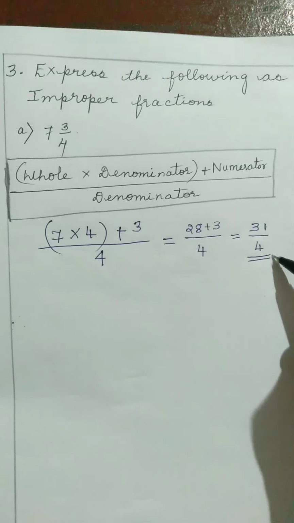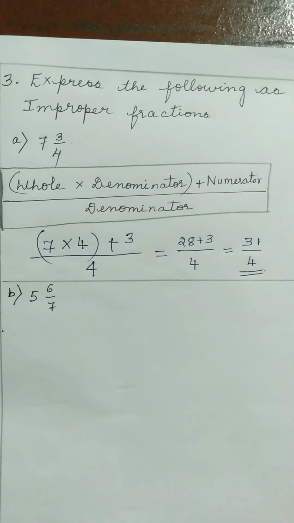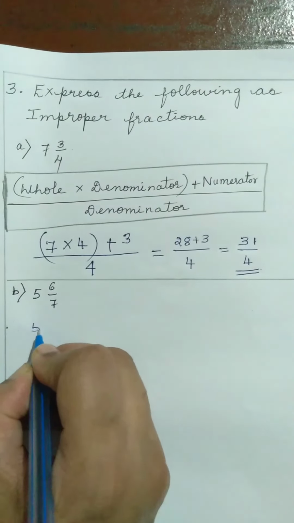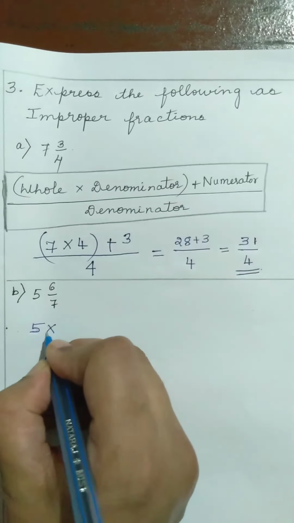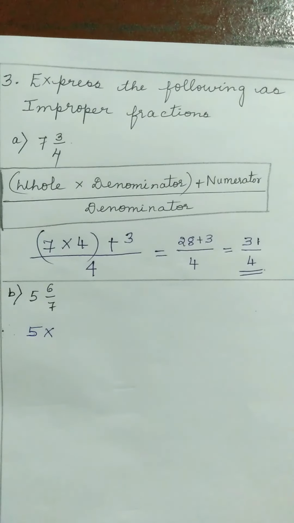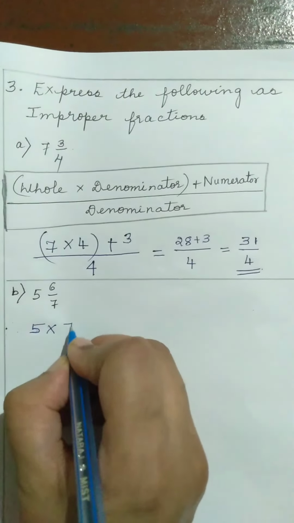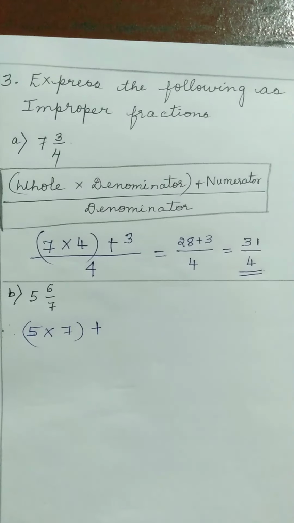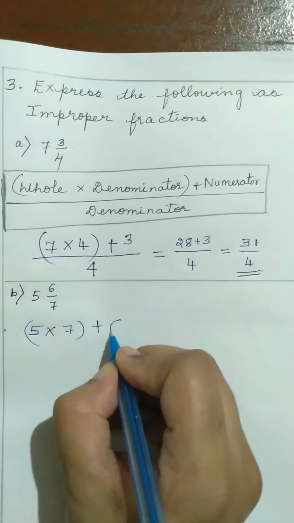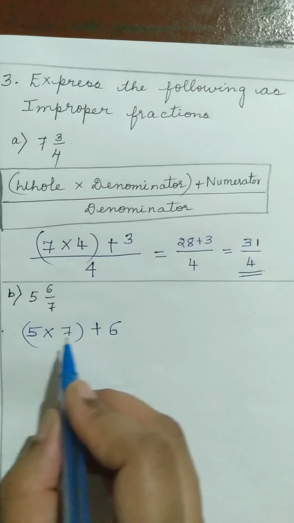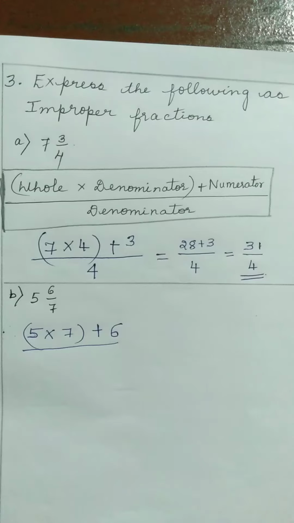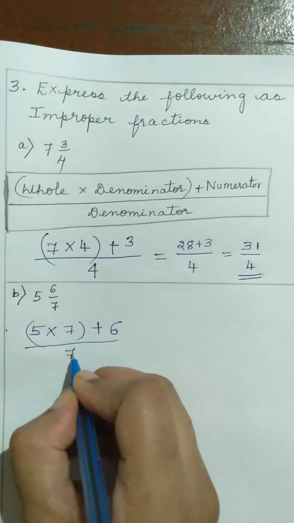Next problem is 5 6 by 7. In this, 5 is the whole into, in 6 by 7, 7 is the denominator plus, and 6 will be the numerator. So 5 into 7 plus 6, divided by the denominator, that is equal to 7.